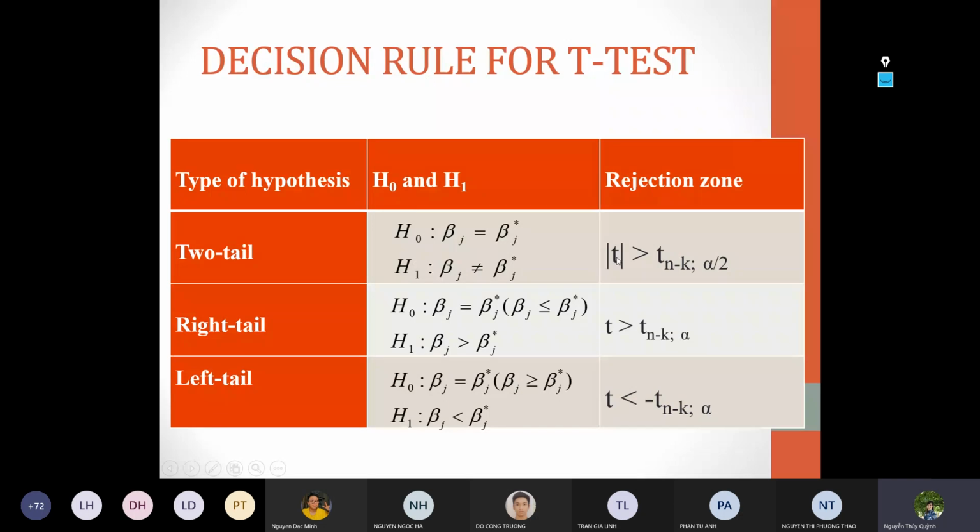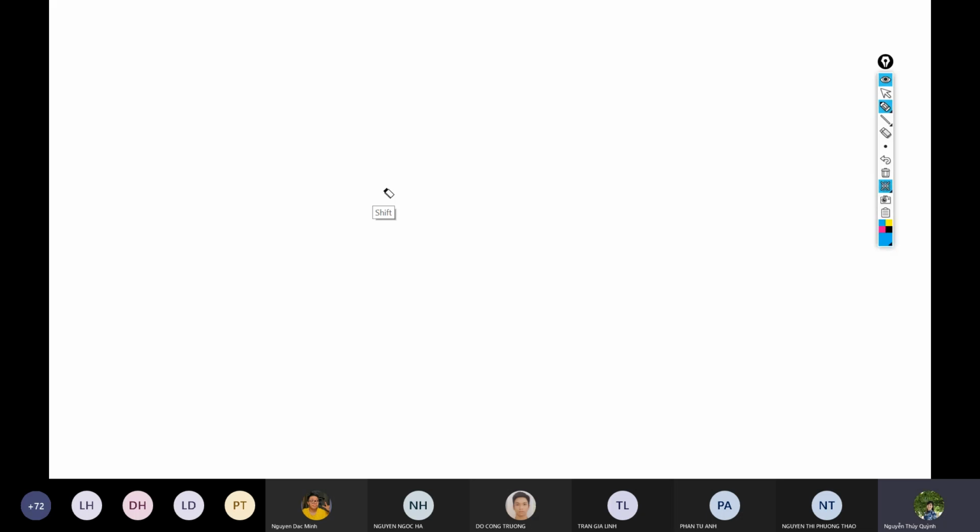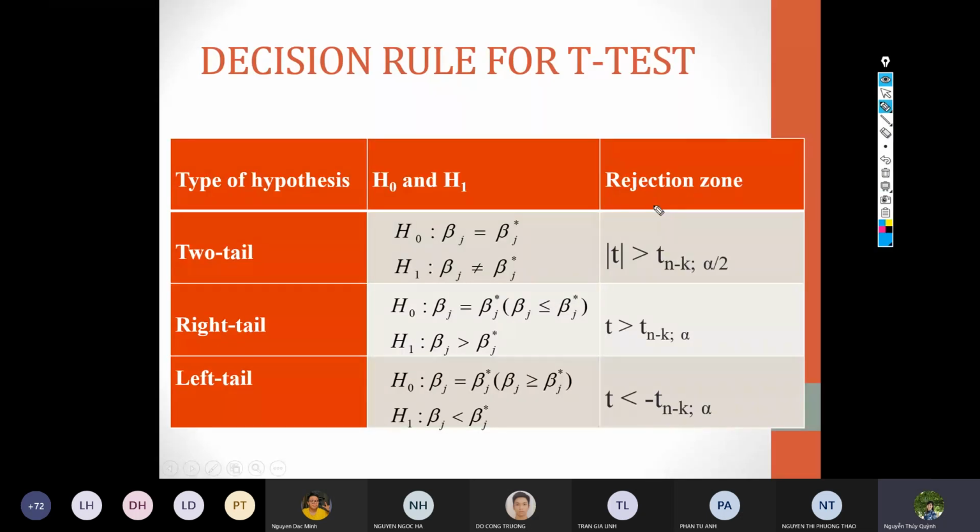Then the rejection zone, usually we call it W, will be from minus infinity to minus t alpha divided by 2.